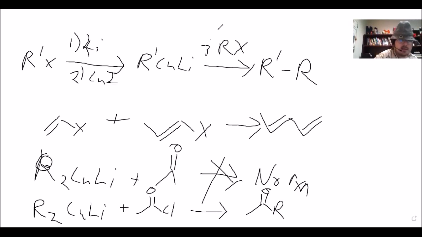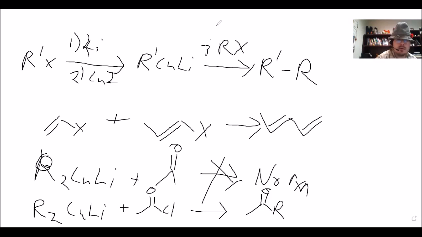We're going to replace the halide, not make an alcohol. So it's going to stop at a ketone, not go all the way to an alcohol like we would if we had a Grignard. So it only replaces the halide, nothing else. That's kind of neat.